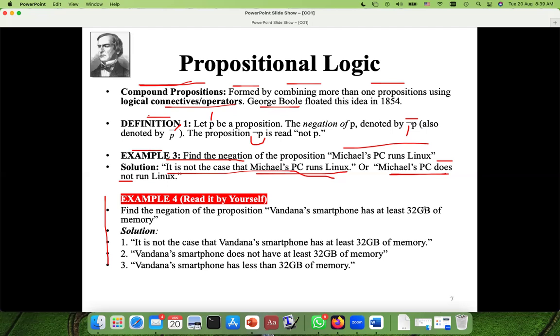So the sentence here is: the smartphone has less than 32 GB of memory. Less than, so now 32 is out. This is the negation. If you write at most, it would be false. And when I cross your answer, you will say, Ustad, this is a great injustice.